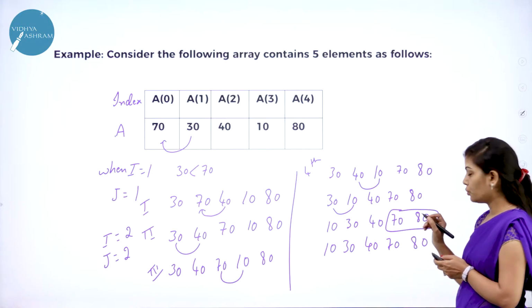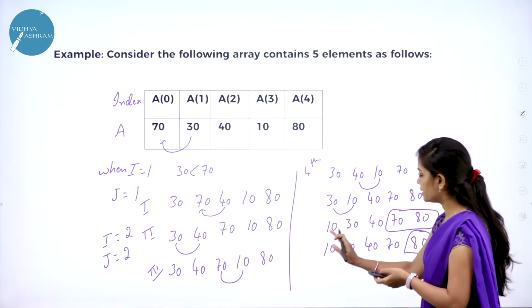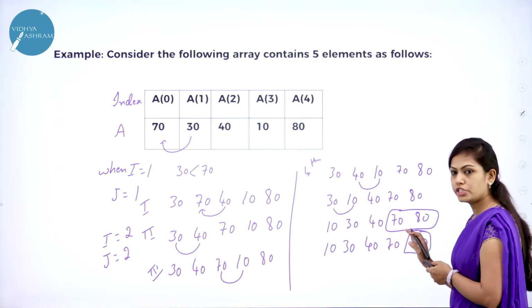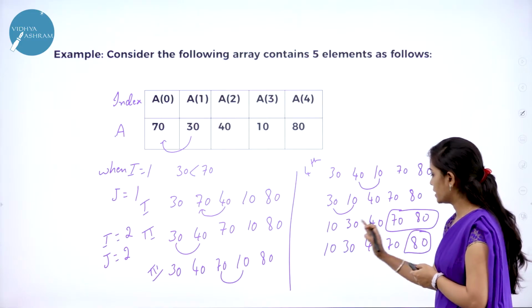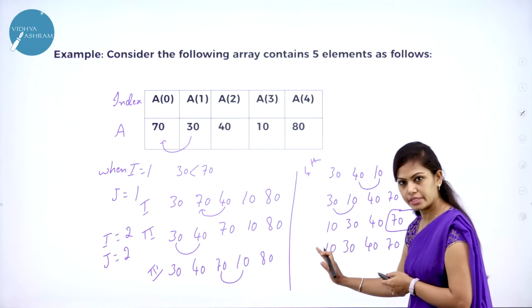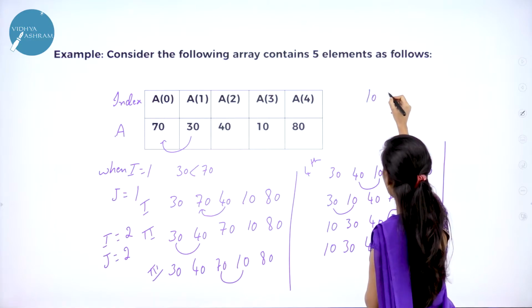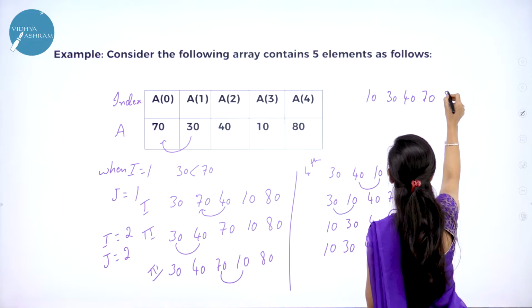And you can compare this 80 with other elements like 40, 30 and 10. No changes will happen because 80 is greater than 40 and 80 is greater than 30. So your sorted elements will look like this: 10, 30, 40, 70 and 80.